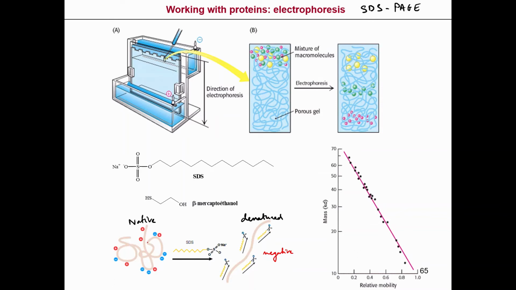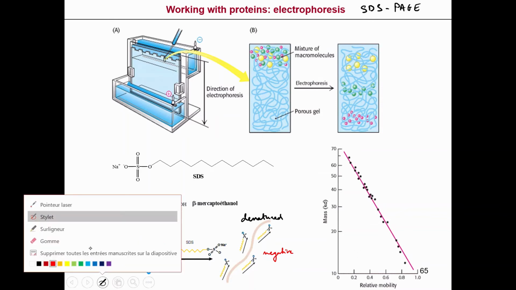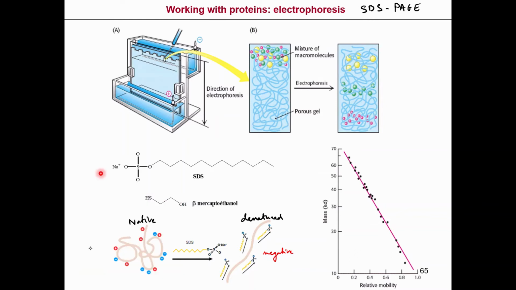Denatured. So when you put the gel, the gel is made with acrylamide. It's the composition of the gel. So you put the gel, you have several wells, and you have the direction of electrophoresis.